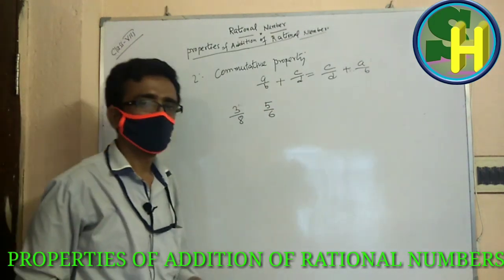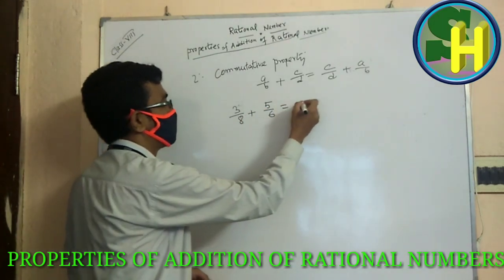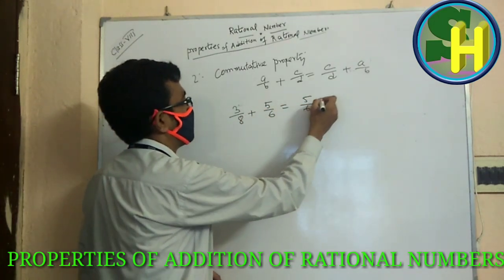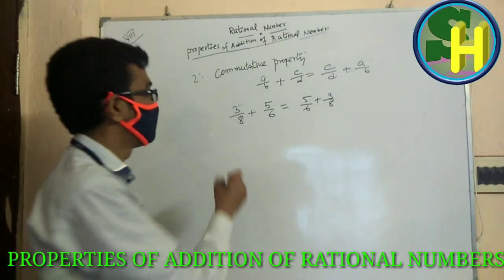These are two rational numbers. You add them. This addition will be equal to this addition. You just verify.